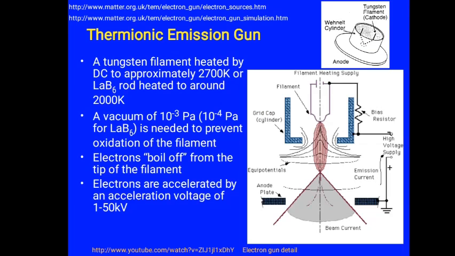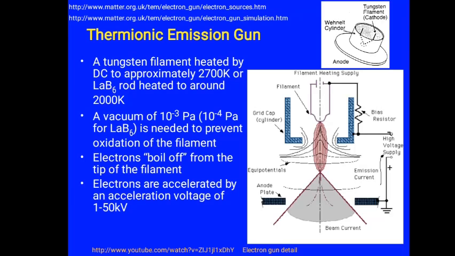The thermionic emission gun is nothing but a tungsten filament heated by DC to approximately 2700 Kelvin, or an LaB6 rod heated to about 2000 Kelvin.